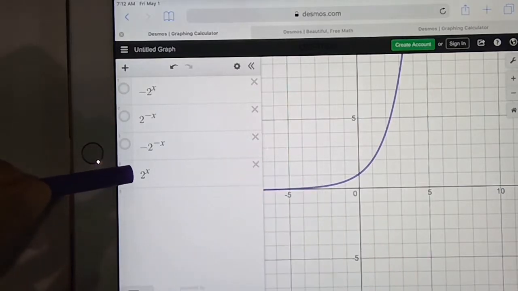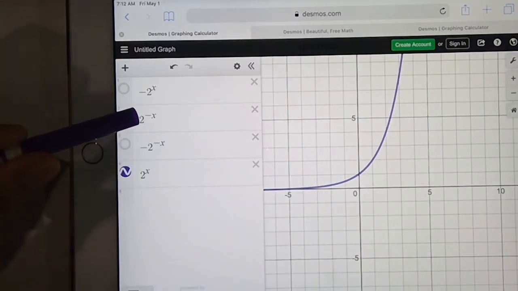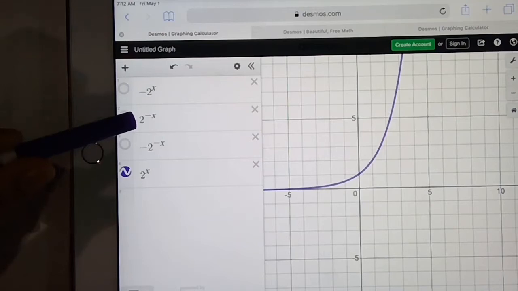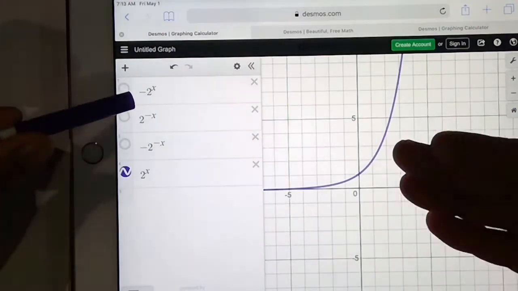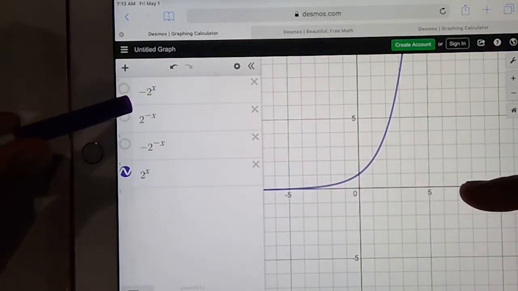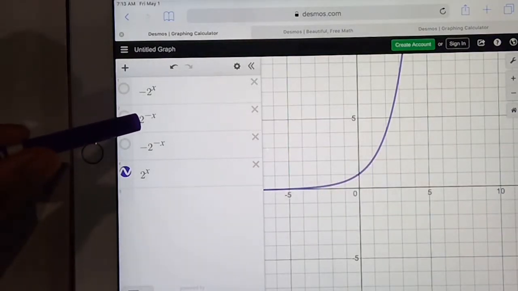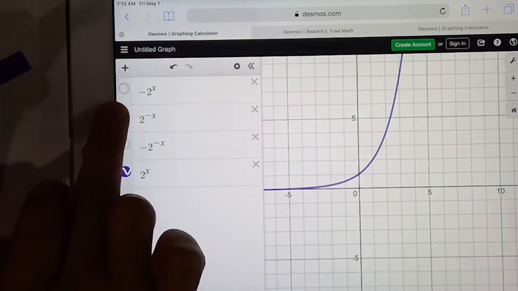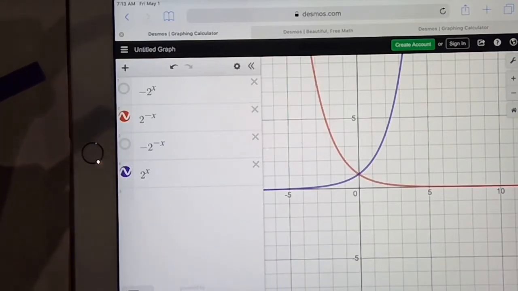If we take this graph and we add a negative in front of the x, what do you guys think that's going to do to your graph? Well, if this one reflected it across the x-axis, then the negative right here with the x reflects it across the y-axis. So it takes this one and it mirrors it.